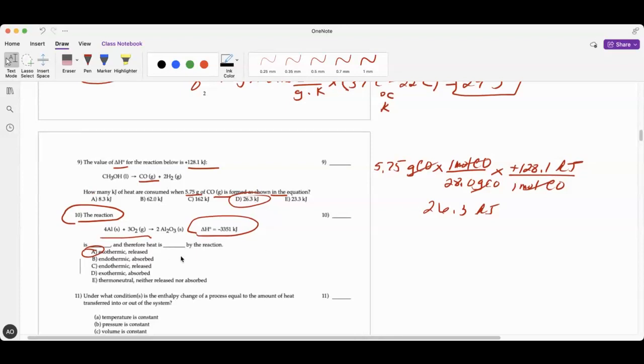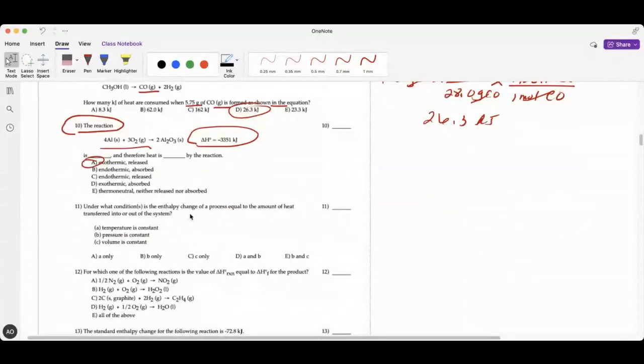Okay. Under what conditions is the enthalpy change of a process equal to the amount of heat transferred into or out of a system? So we have these three choices here.